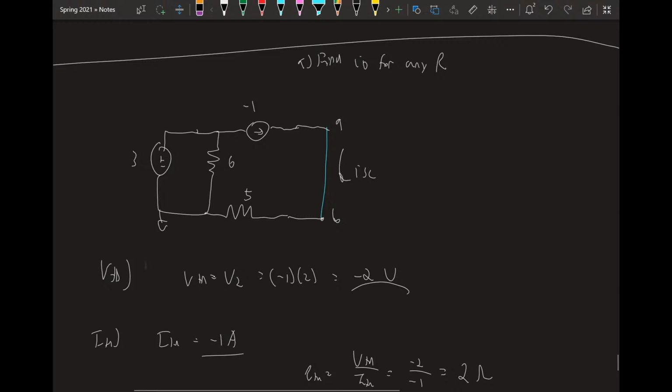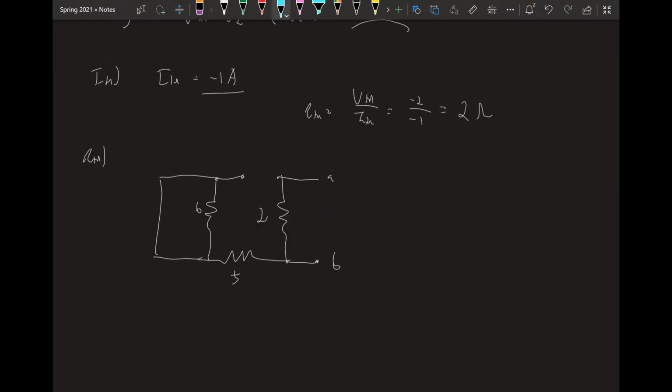So in the procedure, we said that we want a test source between A and B, and we want to find V test over I test. Let's follow the current.